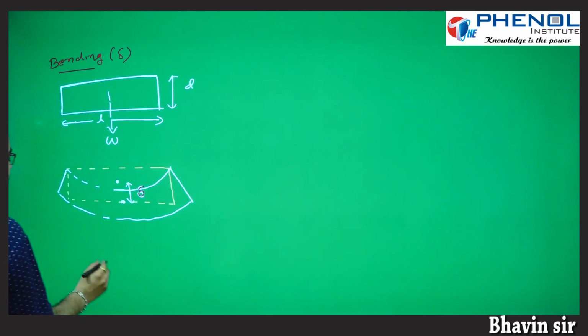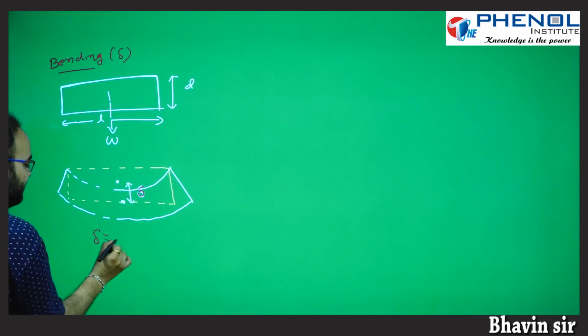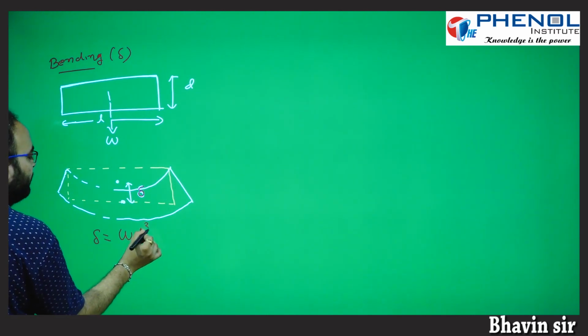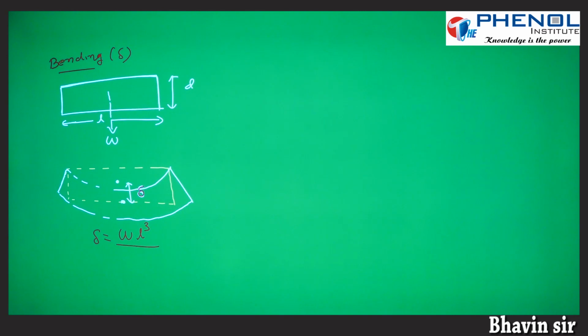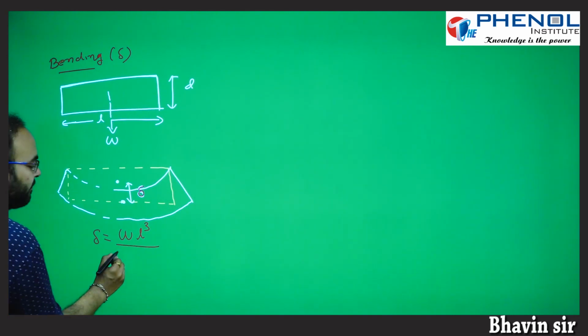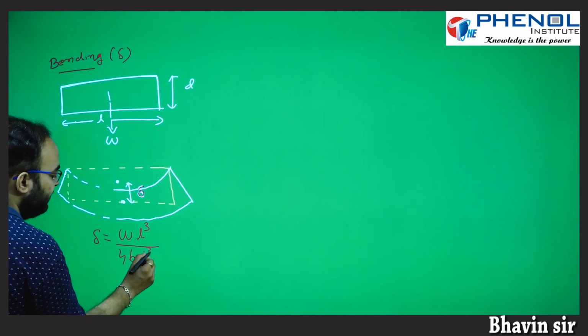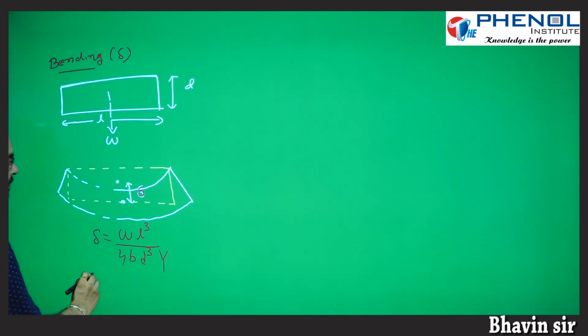Now see, students, that bending delta is WL cube upon 4BD cube Y. What is the formula of bending?